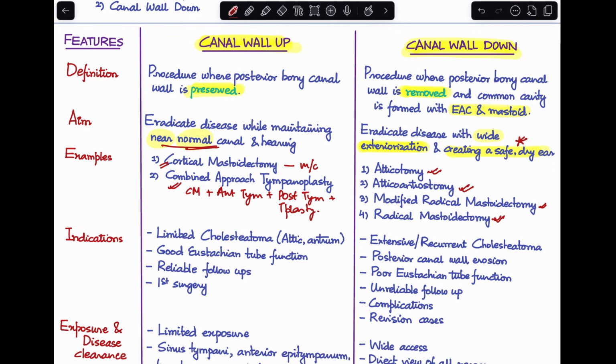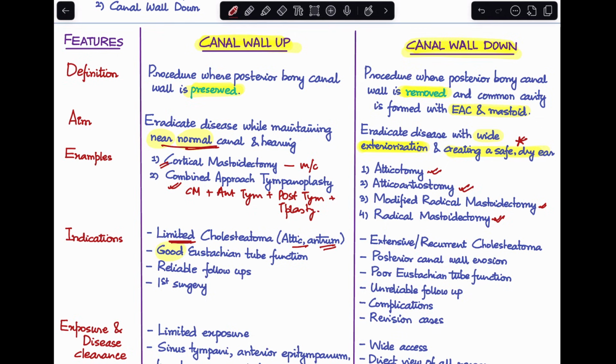Now, if we had to look at a generalized, simplified indication of canal wall up, these would be when the cholesteatoma is limited to the attic and antrum. It has not spread extensively. In that case, we can still attempt cortical mastoidectomy. Next, very important, we need to also have good eustachian tube function.